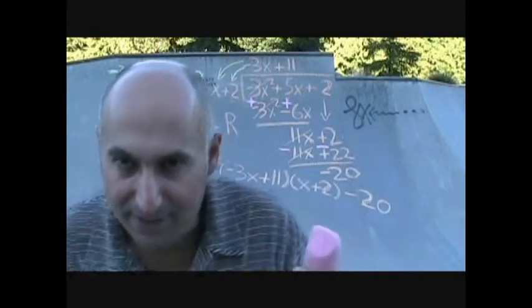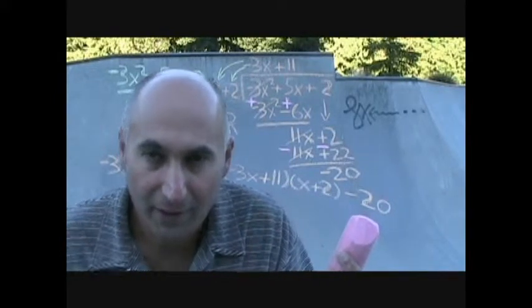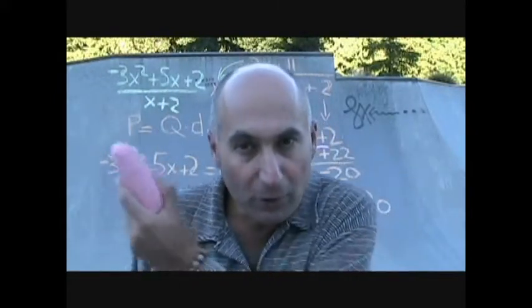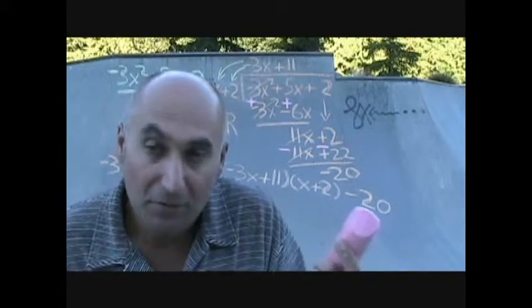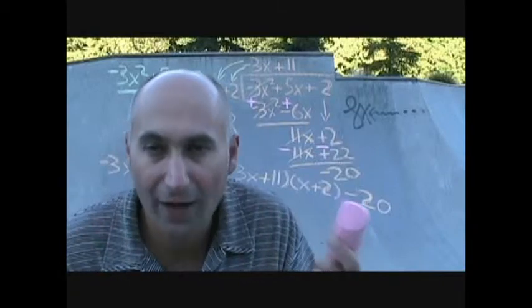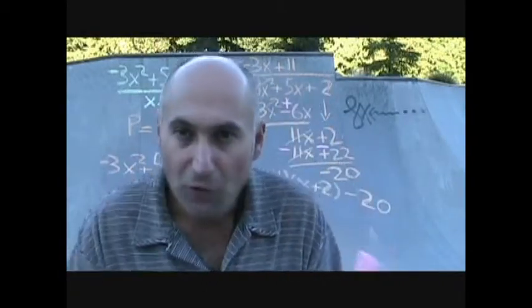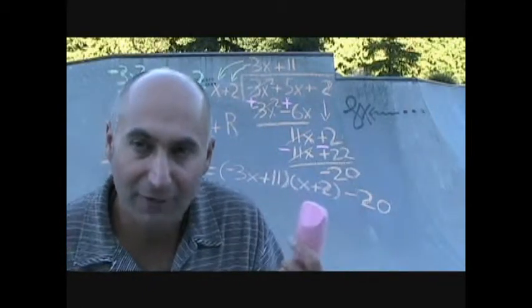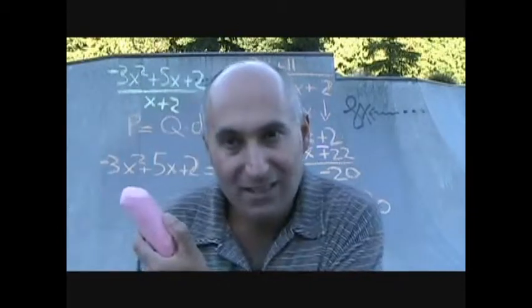And what that means is, if you FOIL this guy out and subtracted 20, you would get this guy back. So we broke down this guy into things multiplied together and, you know, whatever the remainder is. So we tried to factor it. We basically wrote this guy in a different form and we got this guy, right? So both of these guys, this side is equal to this side, okay?